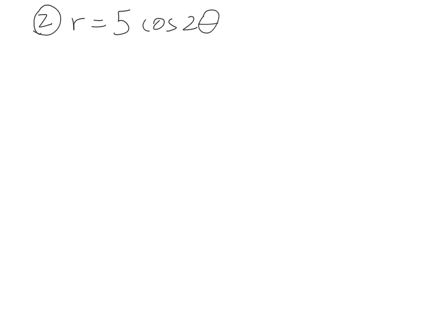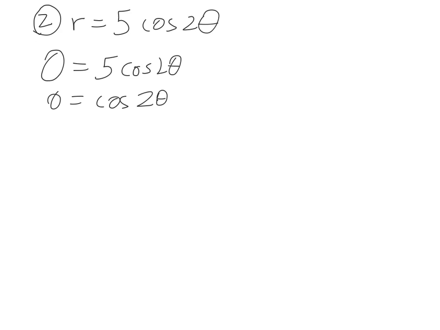You can see when it hits the pole by setting 0 equal to the equation 5 cosine 2 theta. So divide by 5 on both sides, 0 equals the cosine of 2 theta. And take the inverse cosine on both sides to get 2 theta by itself. When is the cosine equal to 0? Well, that is the x-coordinate, so that's along the vertical axis.